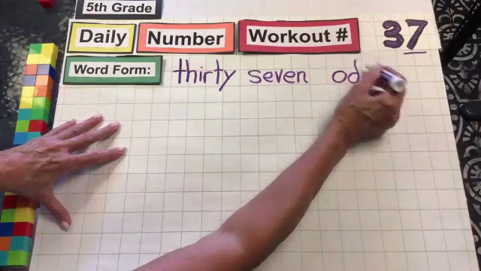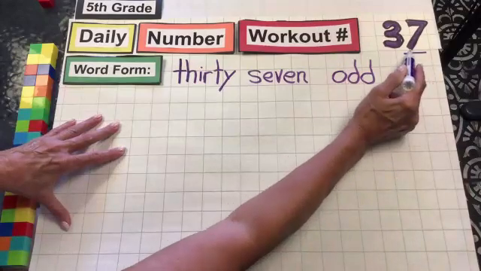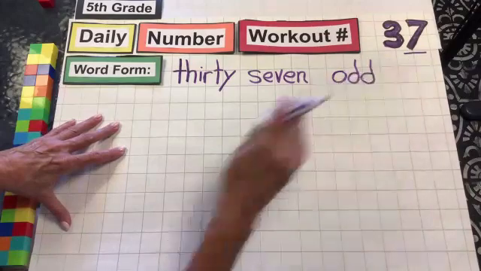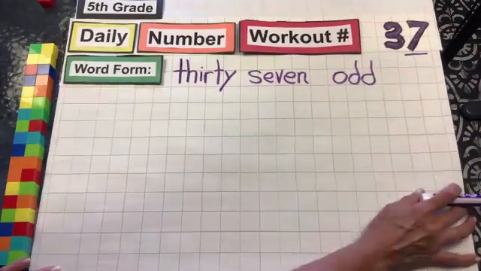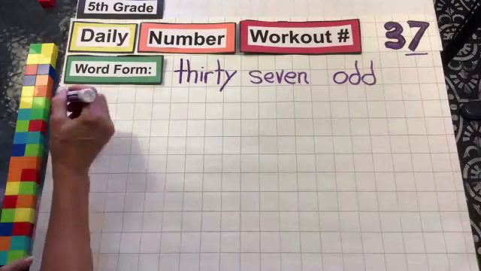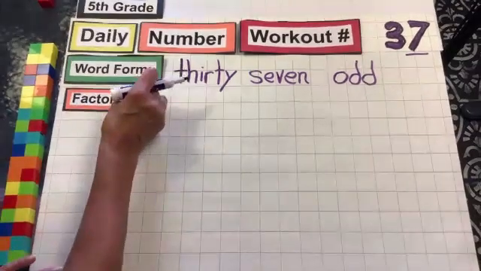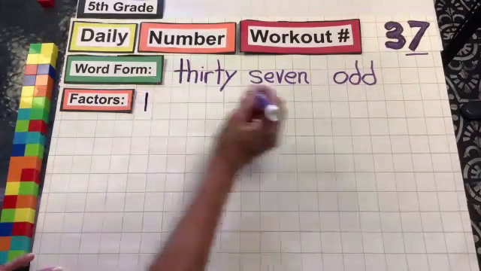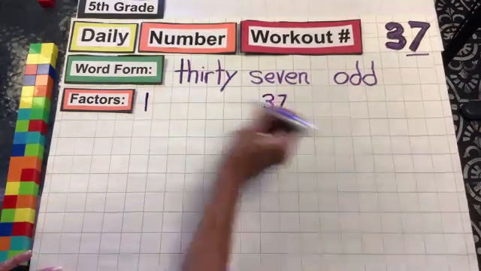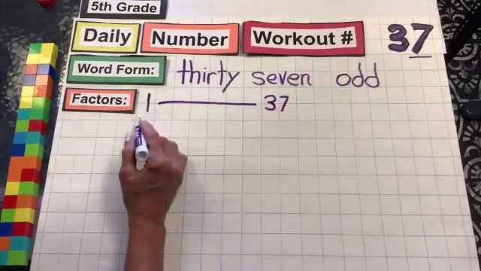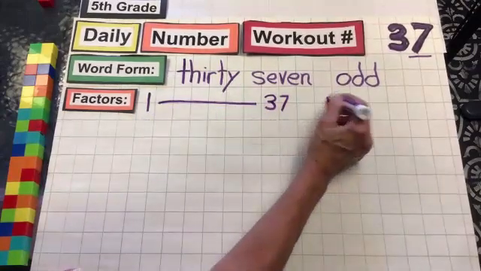Any number that has 1, 3, 5, 7, or 9 in the ones place value is odd. All right, let's find out what kind of factor pairs it has. Hopefully you found it only has 1 and 37, and that's it. And because it only has 1 and itself, it is prime.